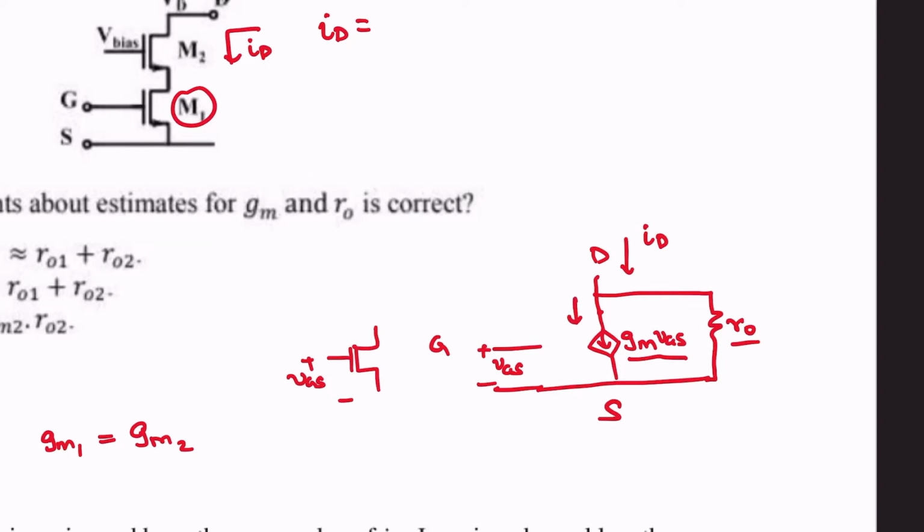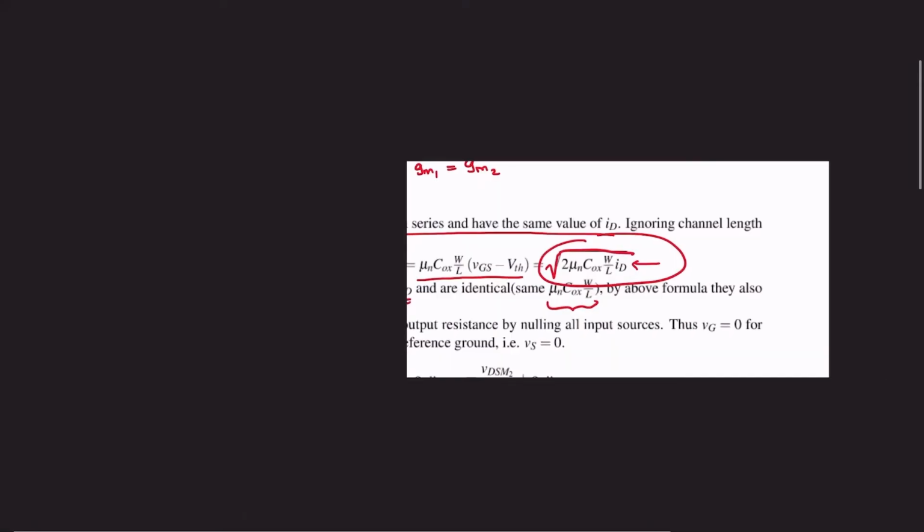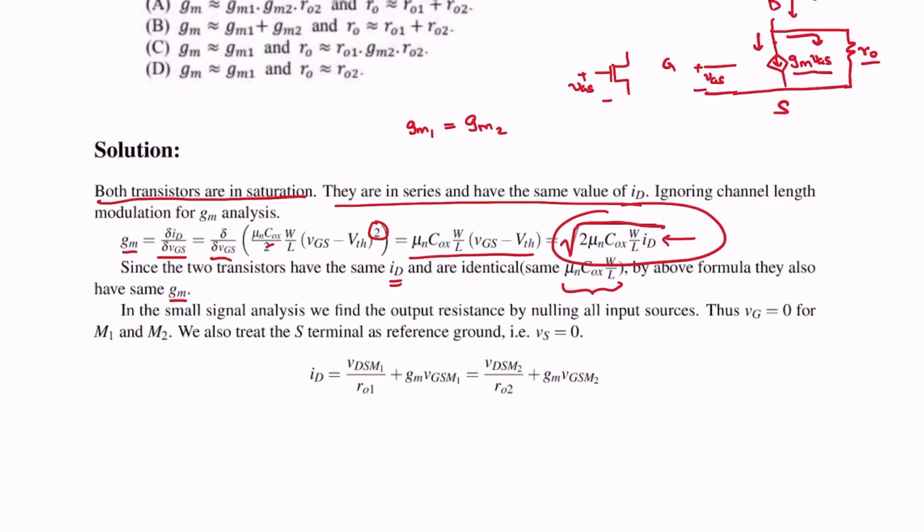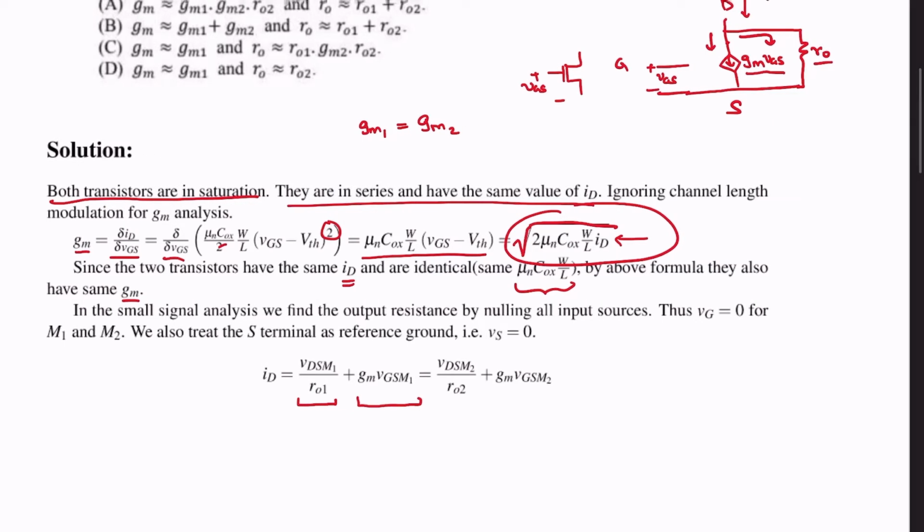Because it's the sum of these two branch currents, one branch current going into r0 and the other going to gm VGS. So ID will be VDS M1 by r01 plus gm VGS M1. Similarly for M2, you will find that it's VDS M2 by r02 plus gm VGS M2.